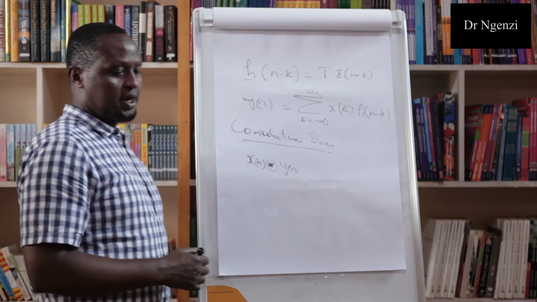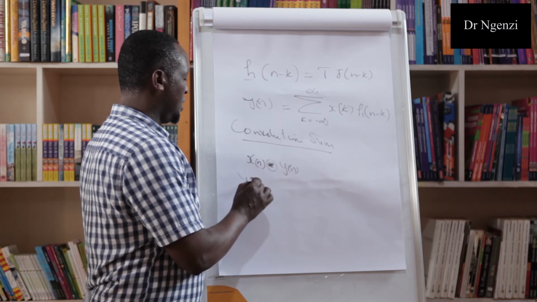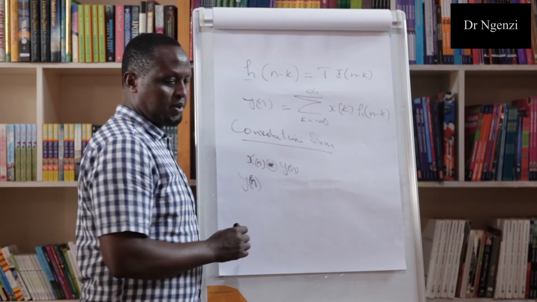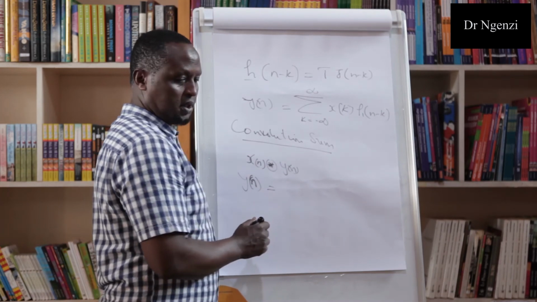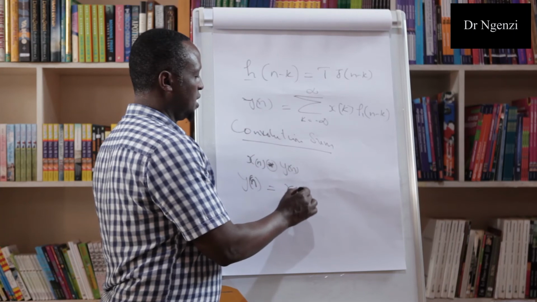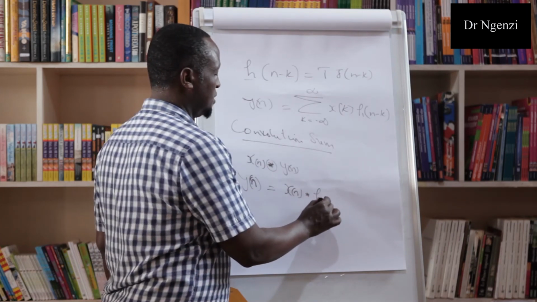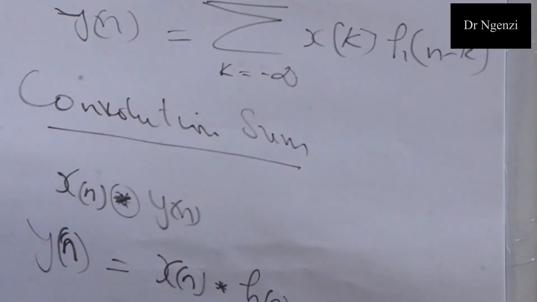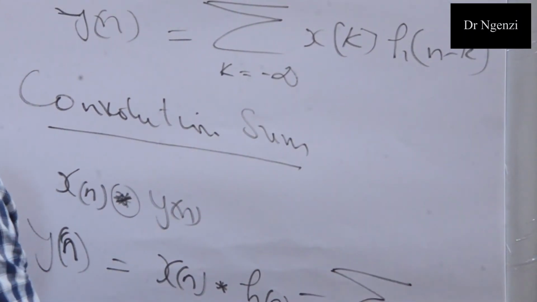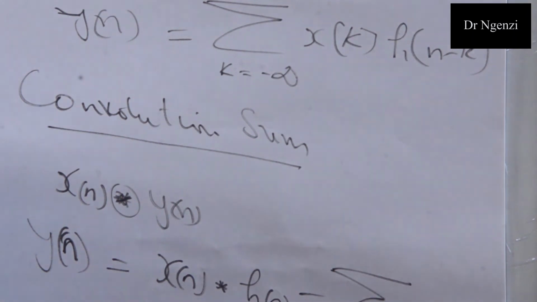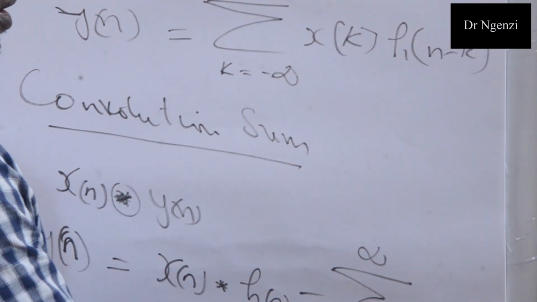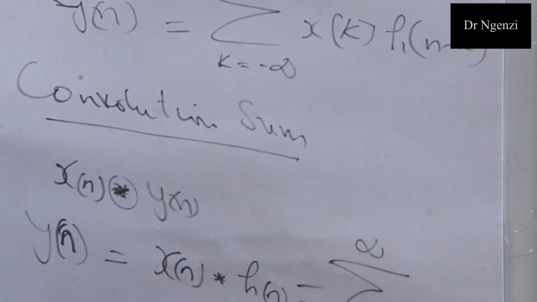So, for example, if you have an impulse response, having a convolution sum, it's the same as saying the summation of the other value that we showed, for example, k shifting, starting from negative infinity, of x of k, remember, times h of n minus k.